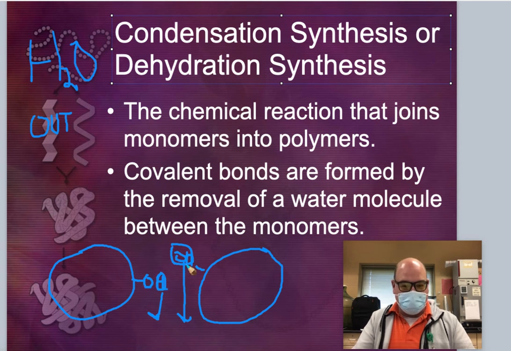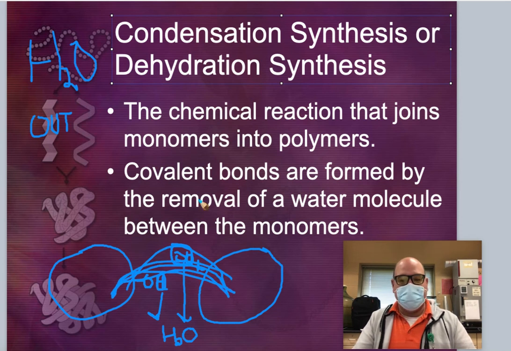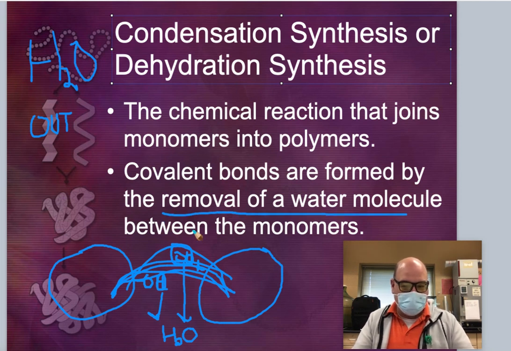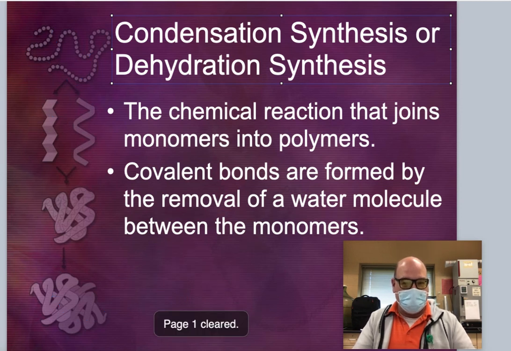Now this oxygen will bond over here, and so when that comes out, you get water. Okay? So we took water out. These will link together, so we'll have a link here. And those are covalent bonds, and we're removing a water molecule. Okay? So taking that water out joins them together. So water out is joined. Let me wipe this off.